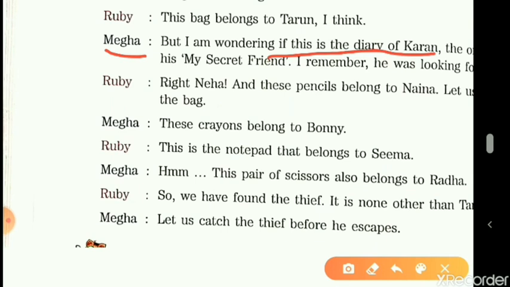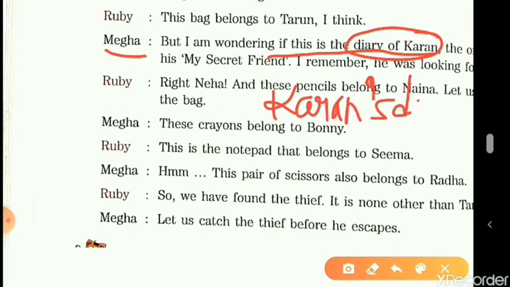So, our sentence will be Megha, but I'm wondering if this is Karan's diary. The entire sentence will remain the same, and just in place of diary of Karan, we'll be writing Karan's diary. Whose diary? Karan's diary.